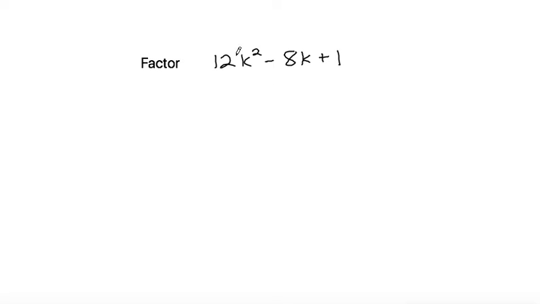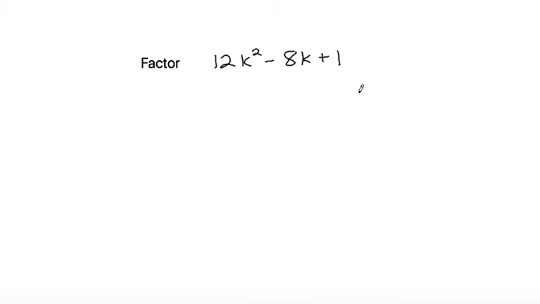So here we have a problem to factor 12k squared minus 8k plus 1. There's a number of different methods to factor quadratic equations, but one strategy that always works is using the quadratic formula.